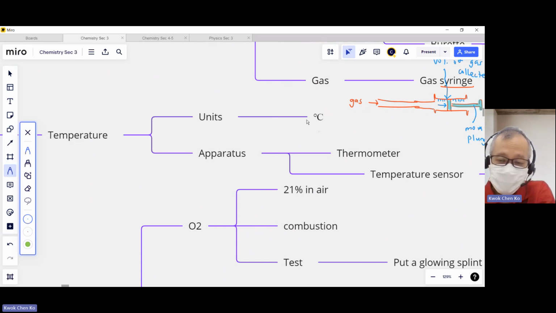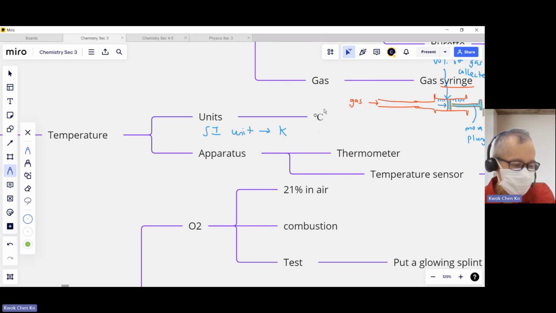Perhaps not so obviously, you may come across the SI unit. Now take note. For temperature, the SI unit is actually Kelvin. But I believe I've never seen Kelvin being used in chemistry before. So the unit you're likely to see will be degrees Celsius.